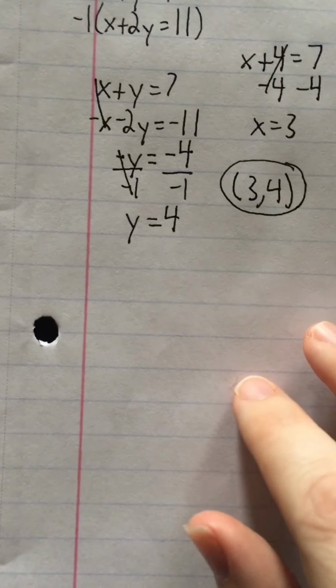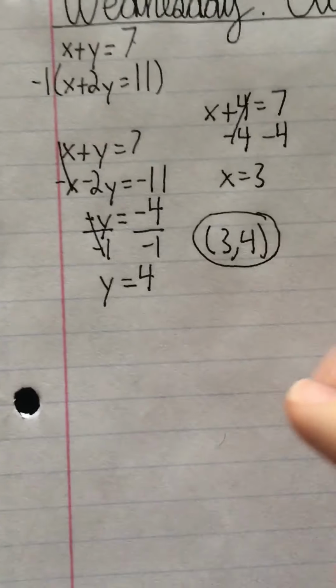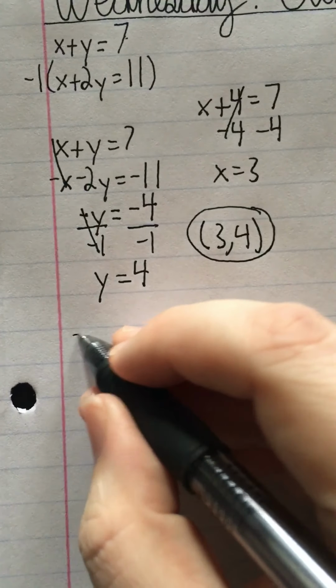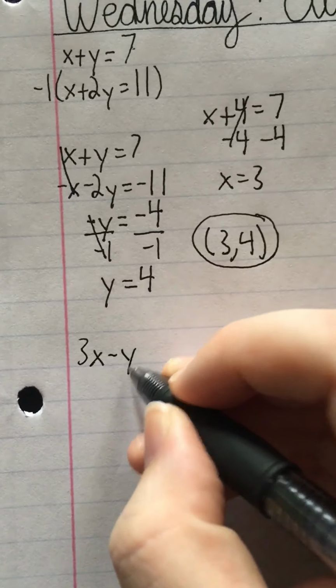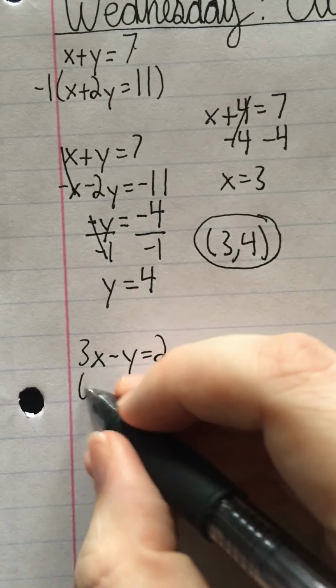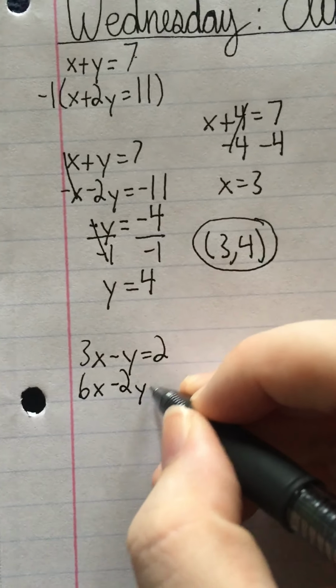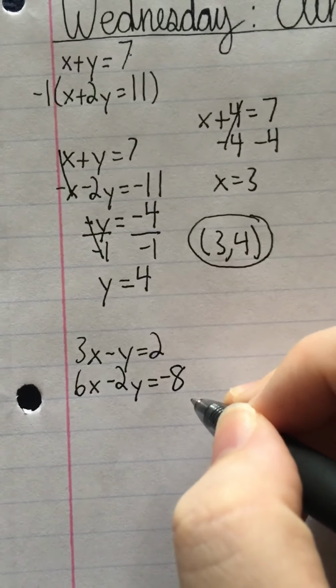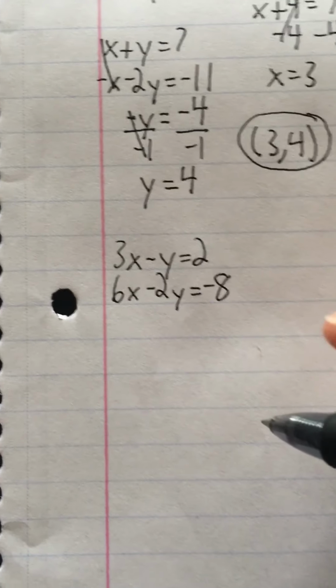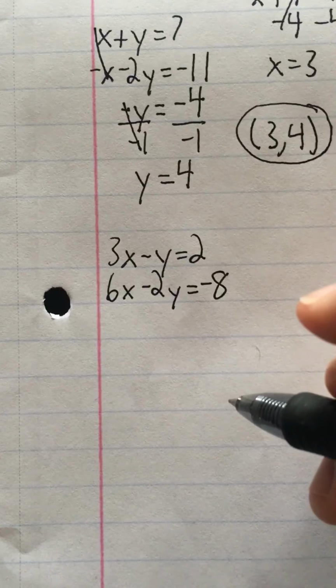For the next system of equations that we're going to be working on, we have 3x minus y is equal to 2, and 6x minus 2y is equal to -8. The strategy I went with for this one is to eliminate the x's.